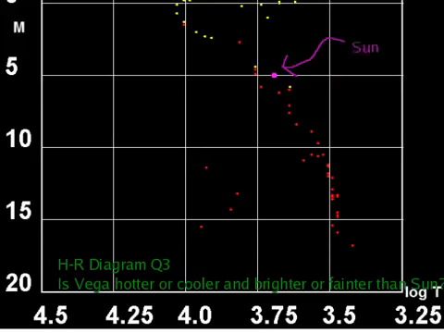Okay, and we had said that Vega was one of those two up here. Well, let me just pick this one star here and call this one Vega. Let me make the circle a little thinner.